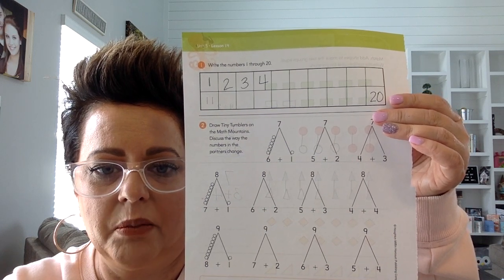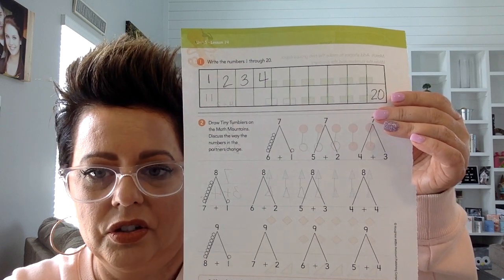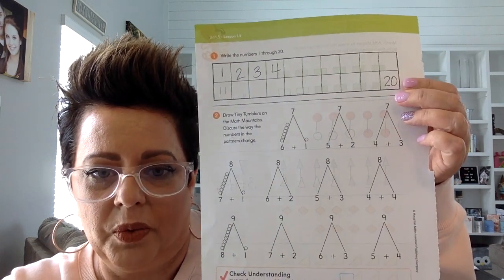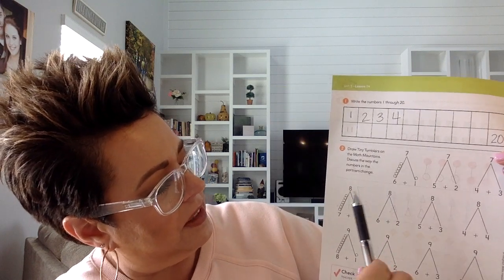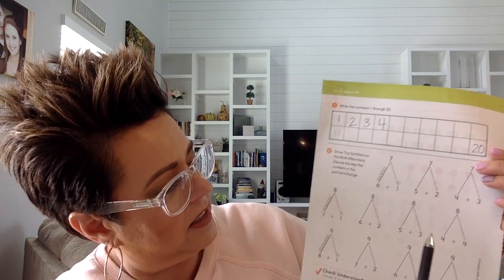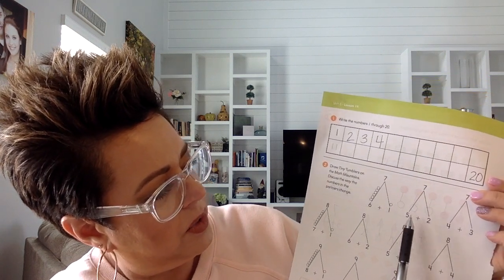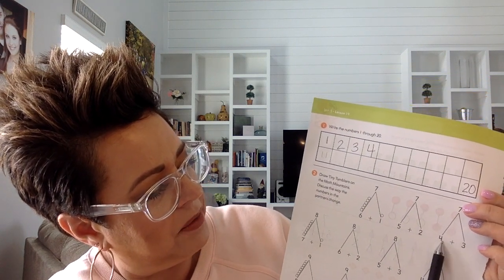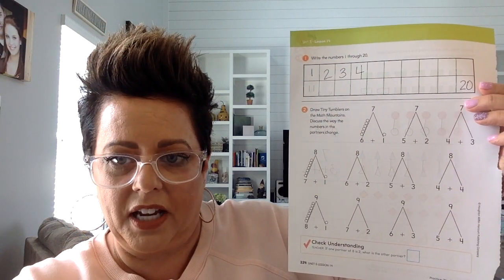Discuss the way the numbers in the partners change. So we are going to do number partners for 7, number partners for 8, and number partners for 9. So the numbers are already written for us. All we need to do is draw the tiny tumblers.